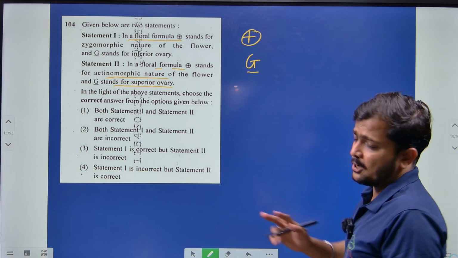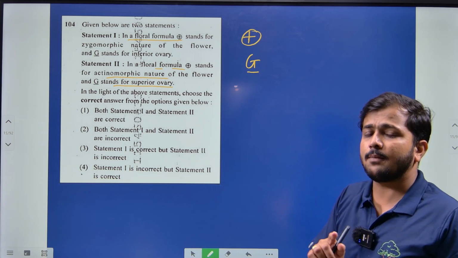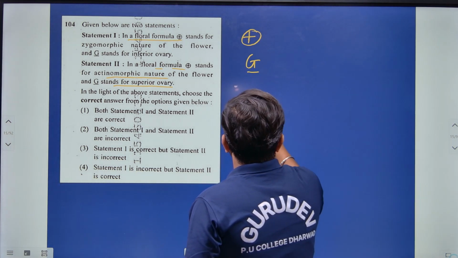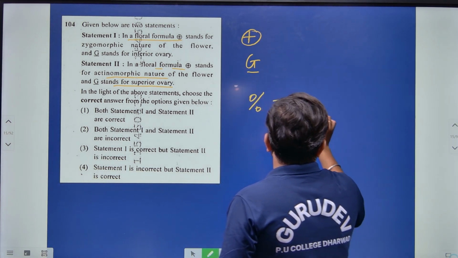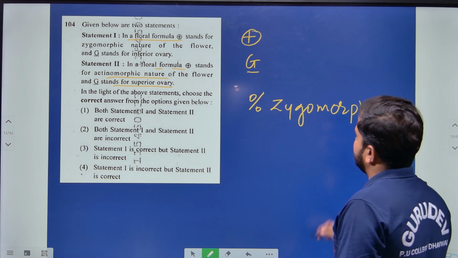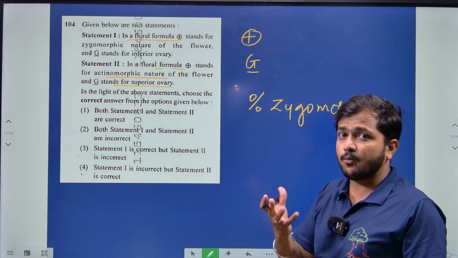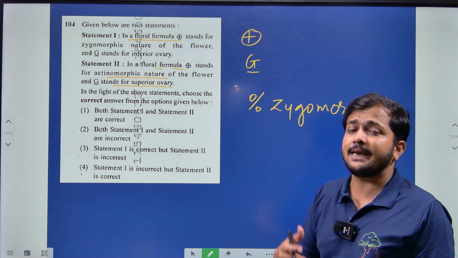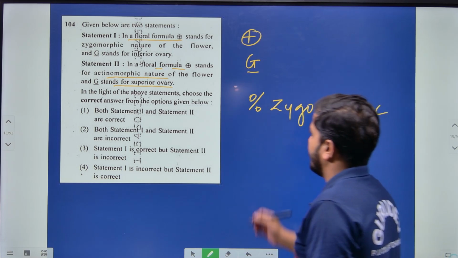There are two types of flower, zygomorphic and actinomorphic. For zygomorphic I use the percentage symbol. Based on the arrangement of the ovary on the thalamus, I call it a superior or inferior ovary.